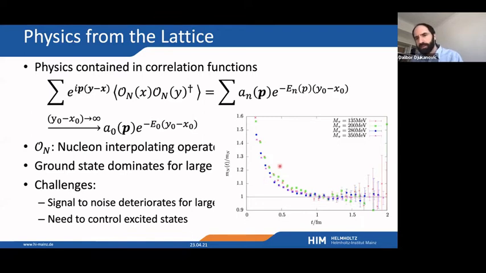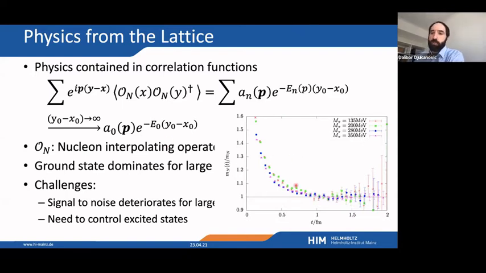And here is an example of this 2-point function where I plot the effective form factor. And you see, if this was only dominated by the ground state, you would just have... Okay, anyway, I cannot see the right part of my screen, I'm sorry.